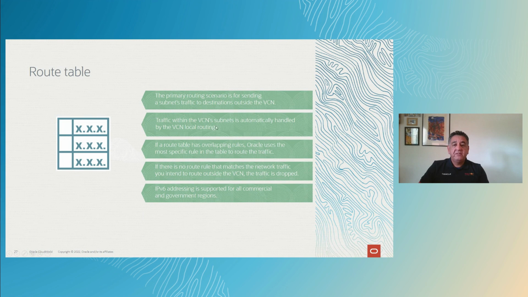Now, traffic between the VCNs or the subnets will automatically be handled by the VCN local routing. So you don't need to specify that. It will come by default.